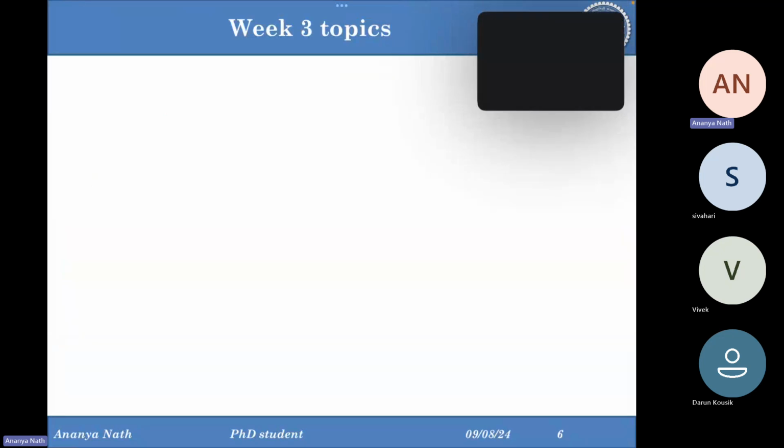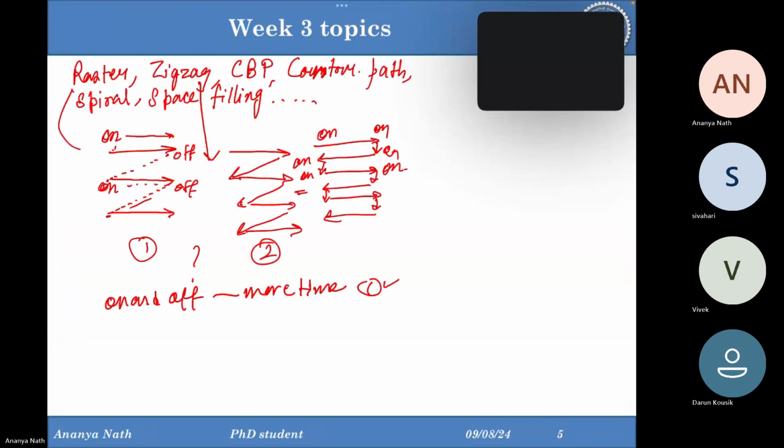Okay, then if we are again turning on and turning off the nozzle multiple times, then another thing is, whenever you are turning off a moving substance, there will be an inertia.